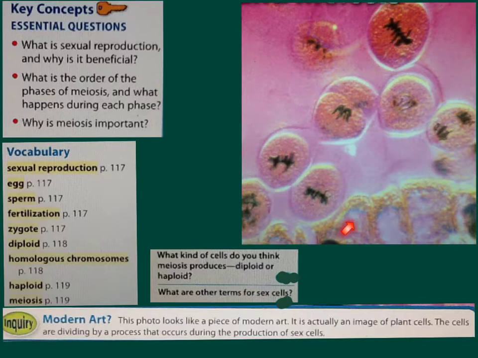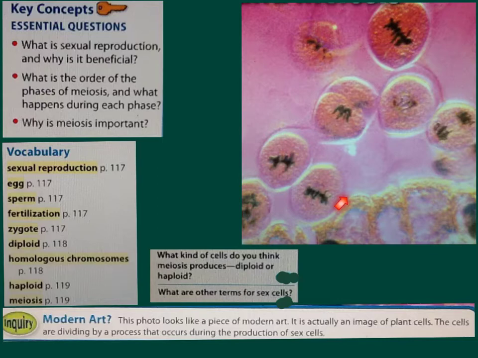And the cells are dividing. Notice, especially this one here, you can tell. And these down here, you can tell. They're dividing by a process that occurs during production of sex cells. Okay, so that's our theme that we're talking about: sexual reproduction and meiosis.